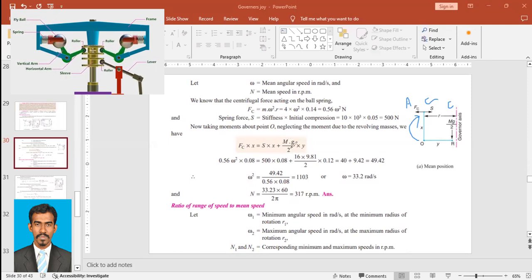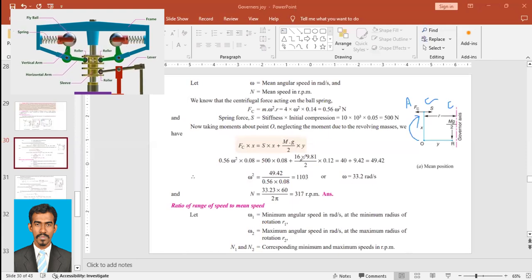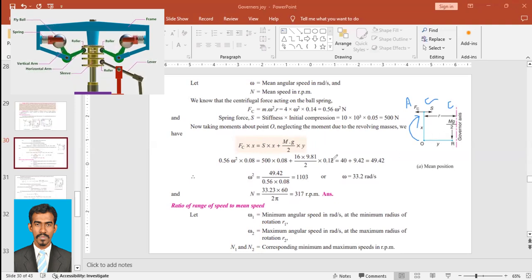M was given, the equivalent mass at the sleeve is 16 kilogram. So 16 into gravity 9.81 by 2 into y. The y distance was given, the sleeve arm is 0.12 meter.